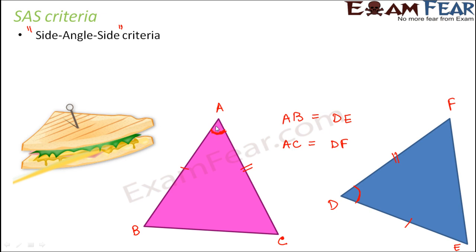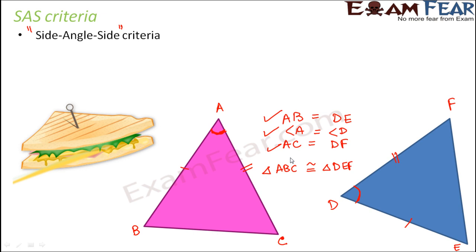That is, the angle included by AB and AC in this triangle is angle A, and angle A is equal to angle D. Angle D again is the angle sandwiched between DE and DF. So if two sides and the angle between these two sides are equal for the two triangles, then we say that triangle ABC is congruent to triangle DEF. And how is this congruent? This is congruent by SAS criteria. So this is SAS criteria.